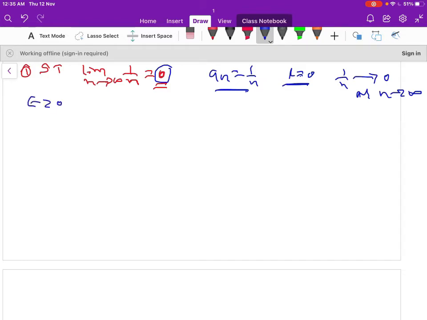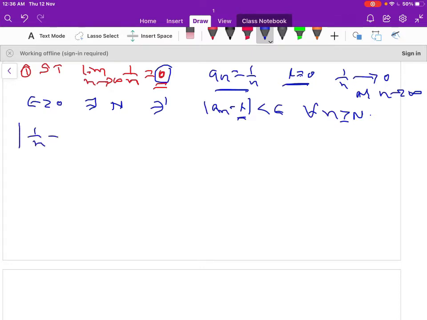For any epsilon, there exists a positive integer N such that modulus of a_n minus l is less than epsilon for all n greater than or equal to N. If this holds, we can say that the sequence is a convergent sequence and it converges to the limit l. Here l is 0.